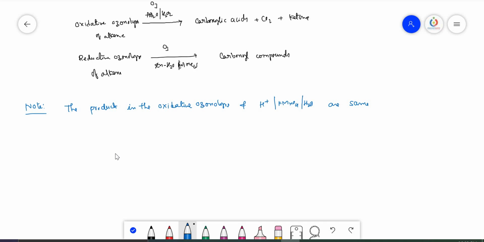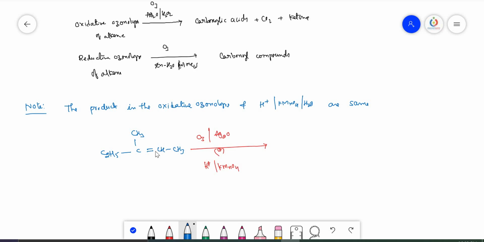So I will take one or two examples so you can understand the concept. See, there is a molecule C2H5 and CH3 here on the C double bond CH3. Now you use ozone with Ag2O, or else you can use H plus KMnO4, not OH minus KMnO4, H plus KMnO4.